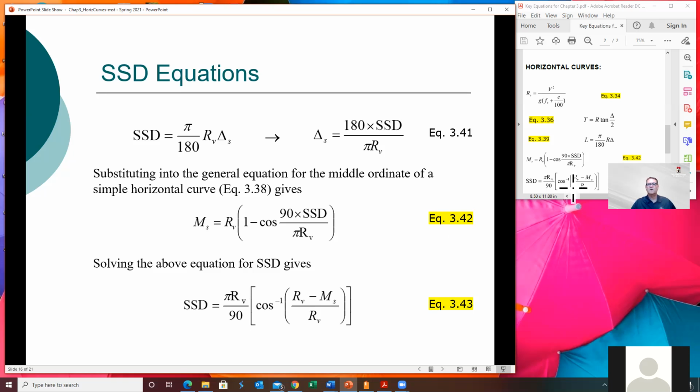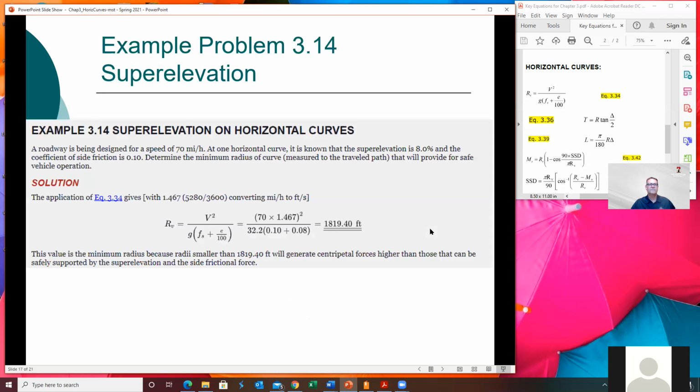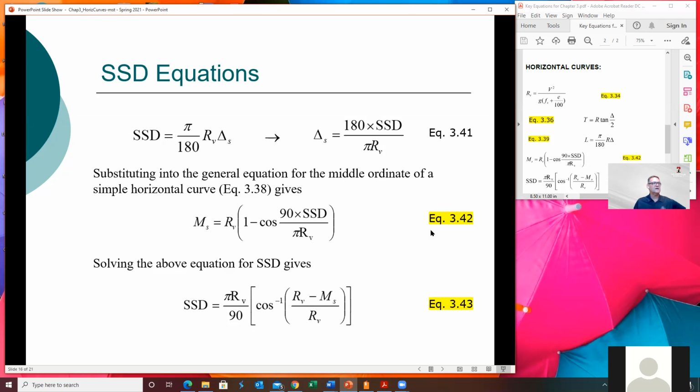So these two are the equations. I've got them both listed over here in the list of key equations. So that's the material in the horizontal curve portion of chapter 3.